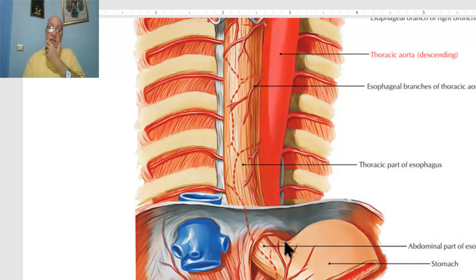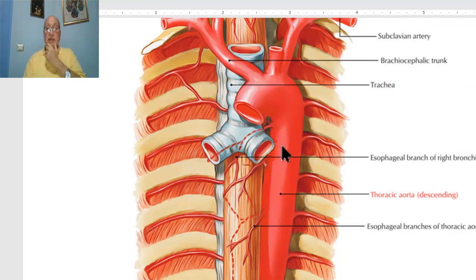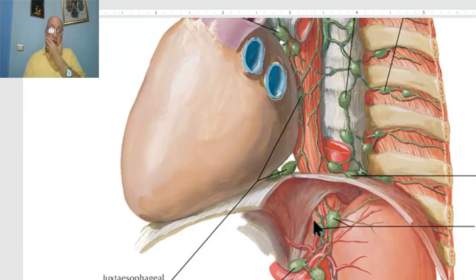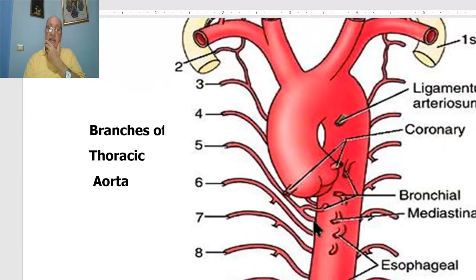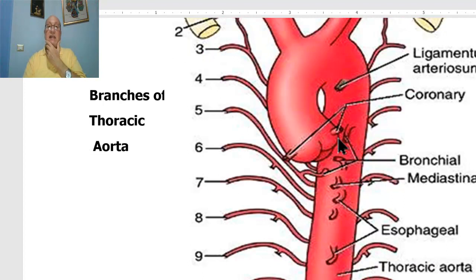What are the branches of descending aorta? This picture is very beautiful for all branches of the aorta: ascending, arch, and descending. What are the branches of the descending aorta?